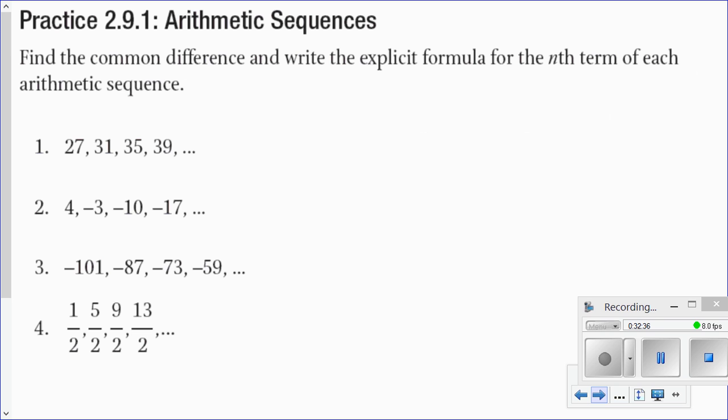I'm going to have you do 1, 2, 3, but let's do 4 together. 4 is hard because there is a fraction. So let's do 4 first.